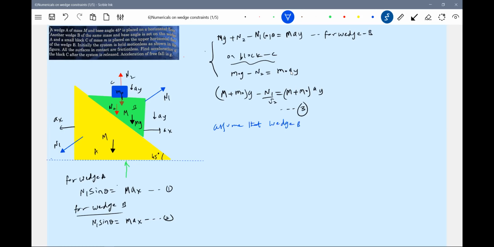That wedge B and C will move vertically down. Now, why should we assume this? Because N2 is non-zero, so acceleration along the common normal must be equal.